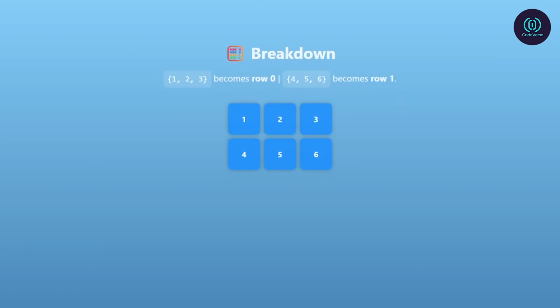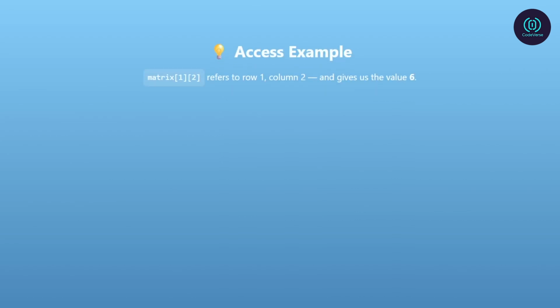Here, we're declaring a matrix with 2 rows and 3 columns, and we're assigning values to every cell. The first inner brace, 1, 2, 3, becomes row 0, and 4, 5, 6 becomes row 1. So when you access matrix[1][2], you'll get the value 6. Because it's in the second row, index 1, and third column, index 2.